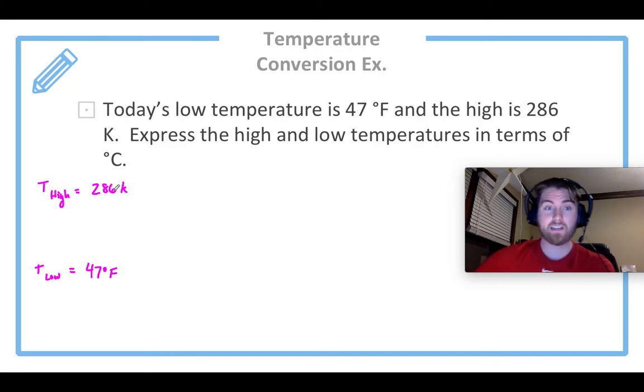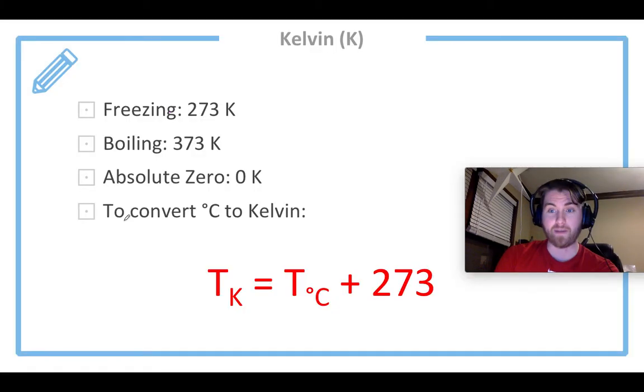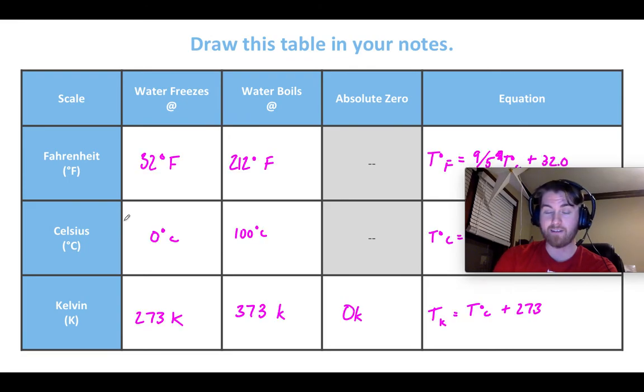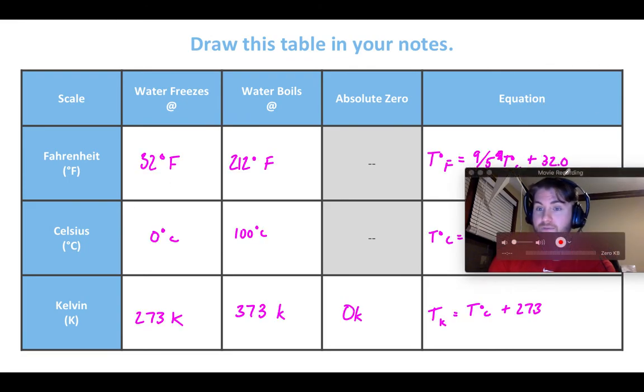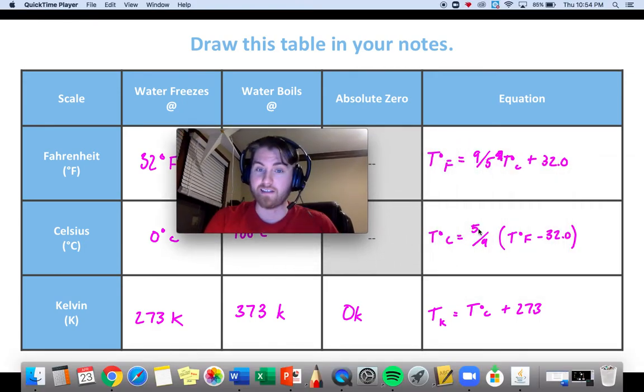Now, if we want to get both into degrees Celsius, let's go back to our table and figure out exactly what we need. Starting with temperature in Fahrenheit, to get temperature in Celsius, I need to take 5/9 multiplied by the parentheses of temperature Fahrenheit minus 32.